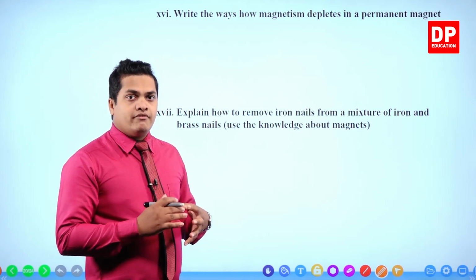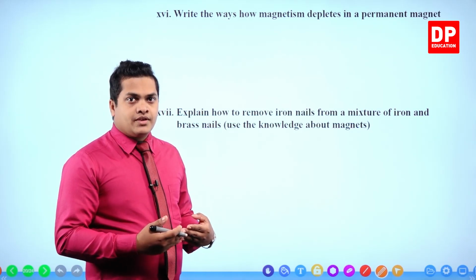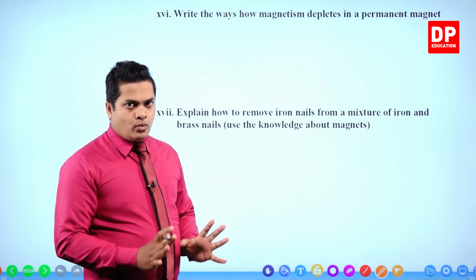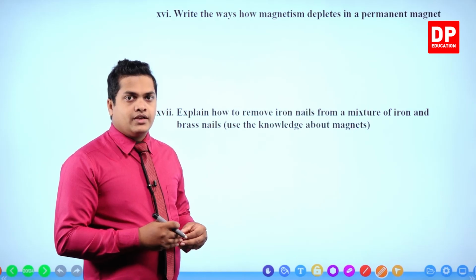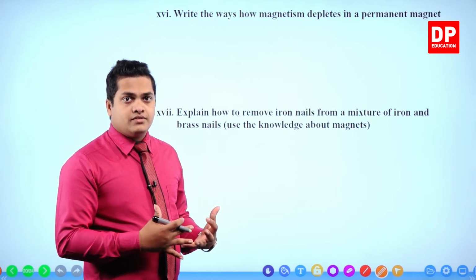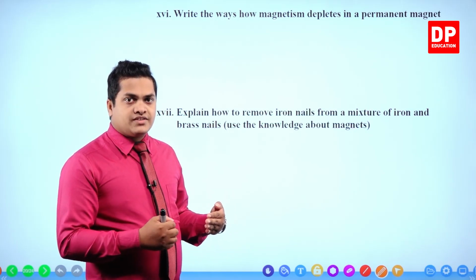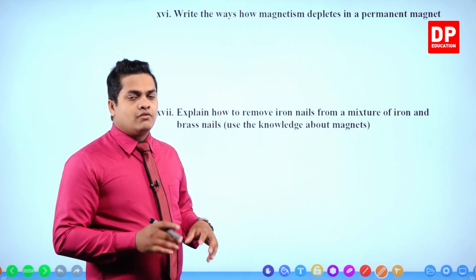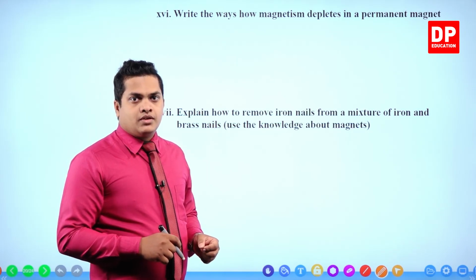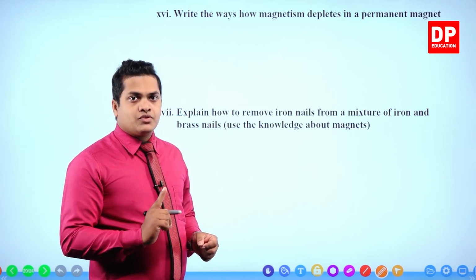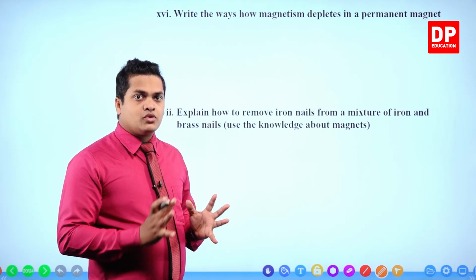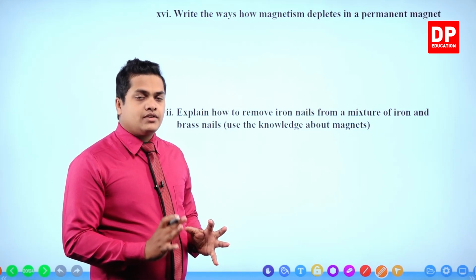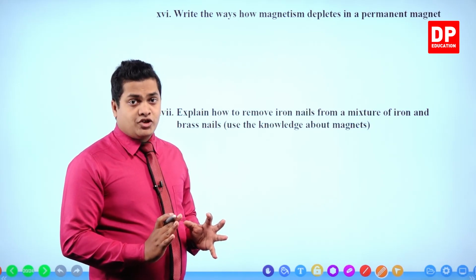When time passes by, not days, not weeks, but years, like after 5 years, some amount of magnetic field is going to be depleted from a permanent magnet. So the first and foremost way is that the magnetism of a permanent magnet is going to deplete due to aging.